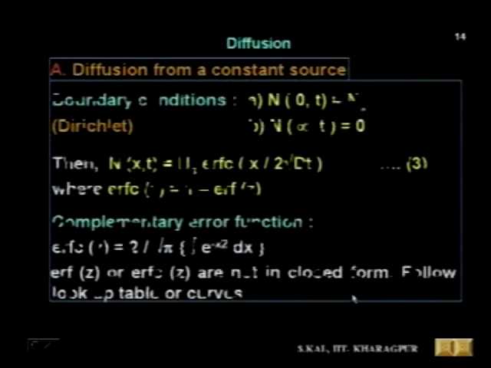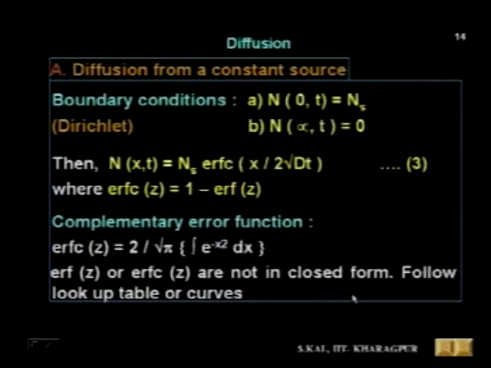Now, the boundary conditions. Boundary conditions for a constant source diffusion are namely N(0,t) equal to Ns, and the second one is N(infinity,t) equal to 0. What are the implications of these two conditions?